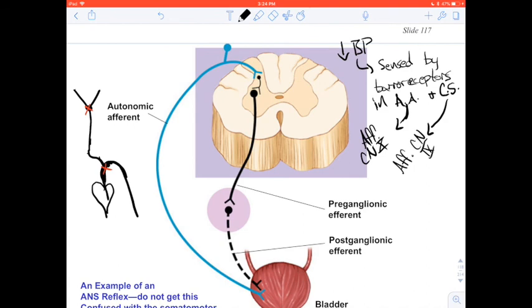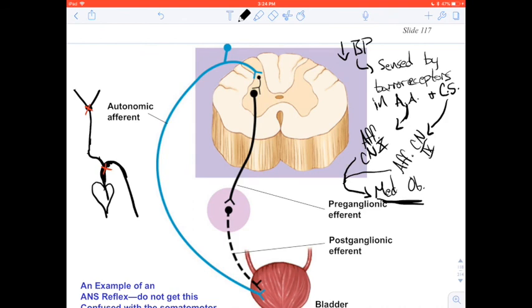Right, and both of these are going to go to the medulla. Sorry, it's getting a little bit messy here, but we'll try to keep the pathway relatively clear. So it goes up to the medulla.